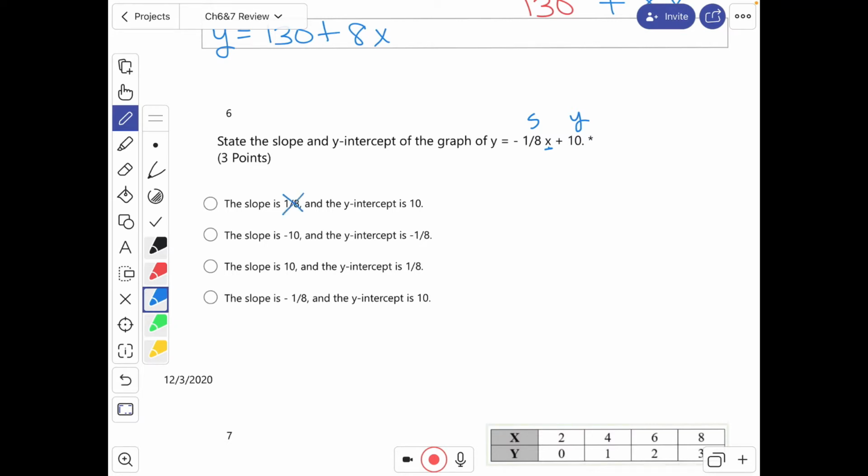So is the slope 1/8? Nope, it's negative 1/8. So the slope is not negative 10, and it is not 10, it is negative 1/8. And the y-intercept is 10. So the only possible answer choice is that last one.